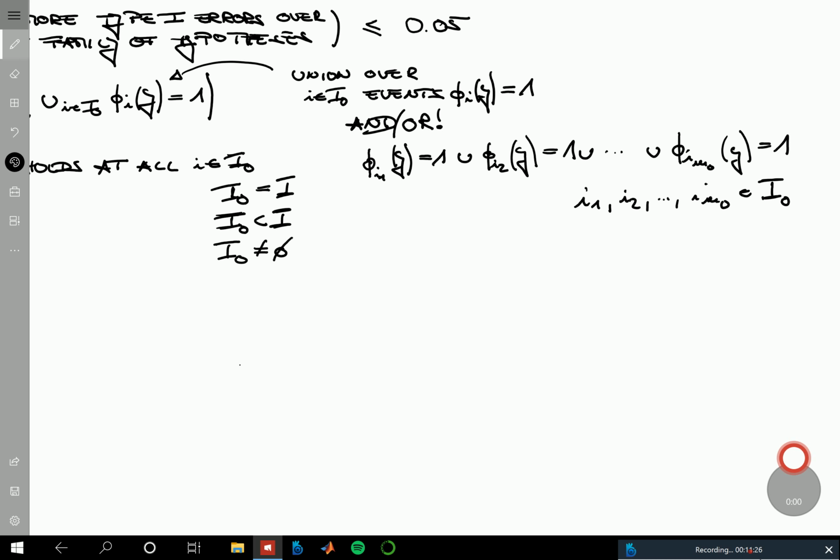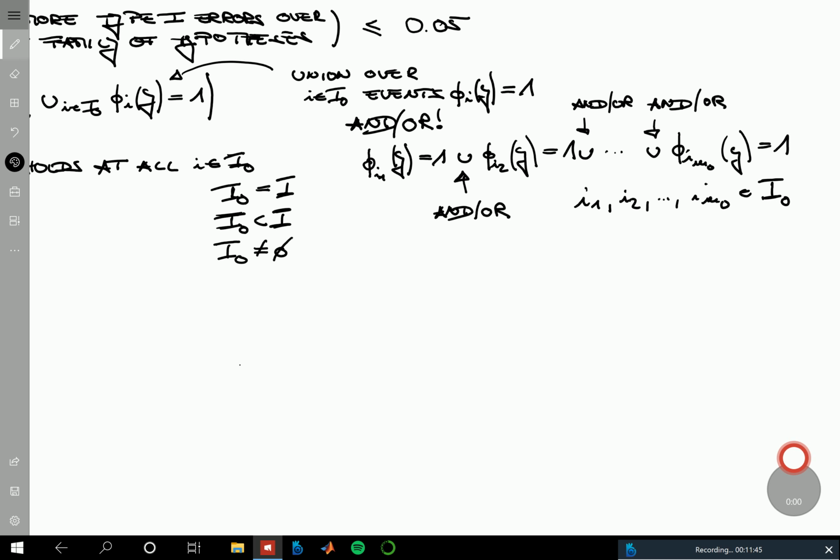Now the question is how to read this. And this union statement you should always read as AND/OR. Here also AND/OR, and here AND/OR.